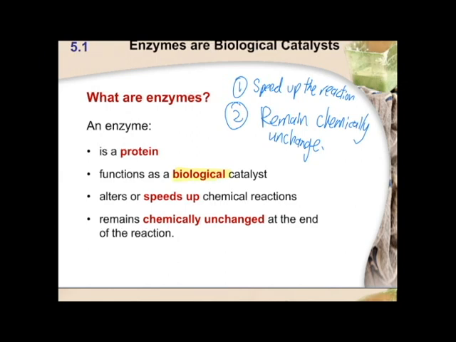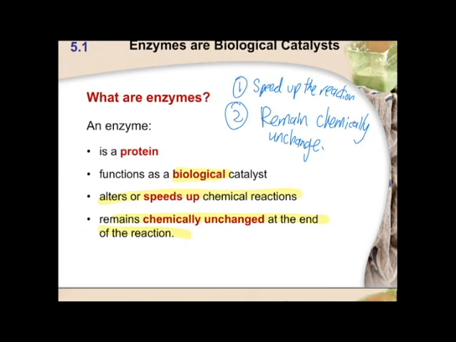In this case, we are talking about humans. And if you look at point number 3 and number 4, these are the properties of a catalyst. So you can see that an enzyme is actually a protein that functions as a biological catalyst that helps to alter the speed of chemical reaction and remains chemically unchanged at the end of the reaction.